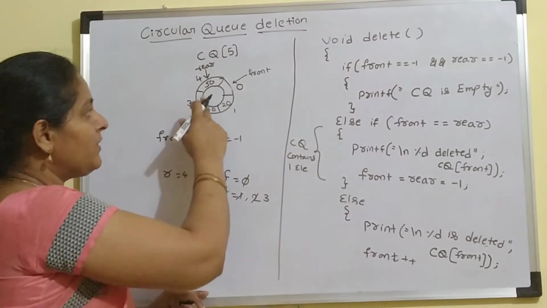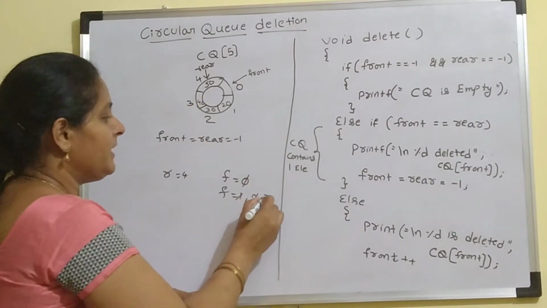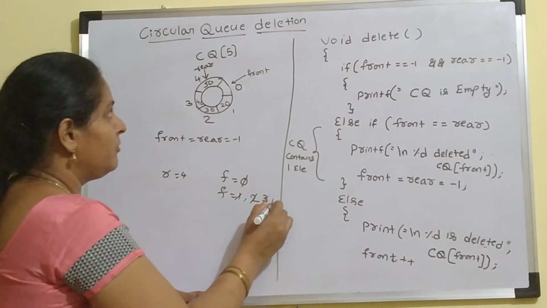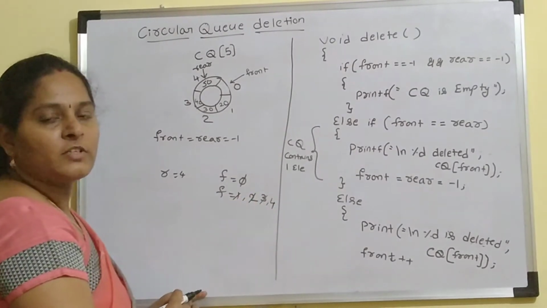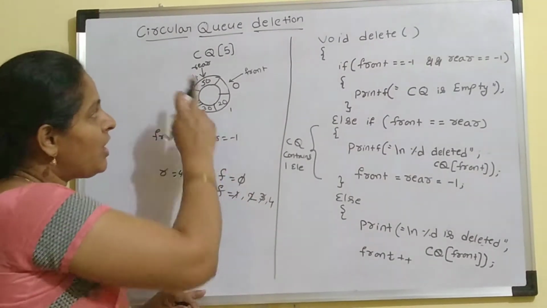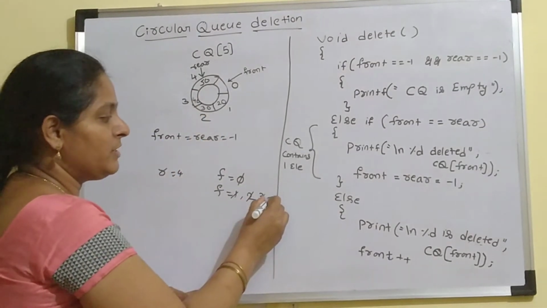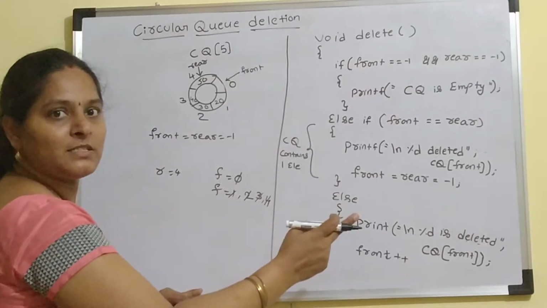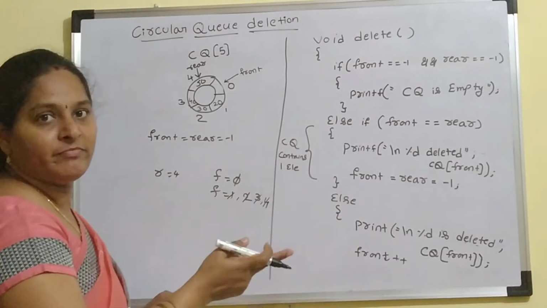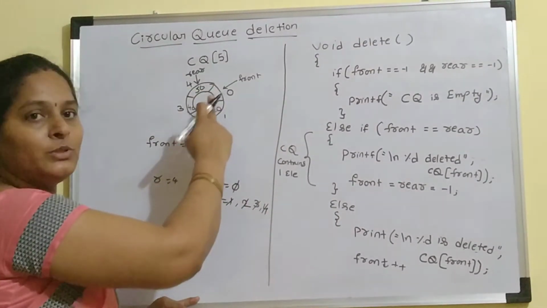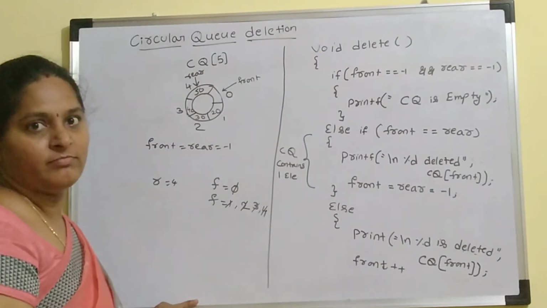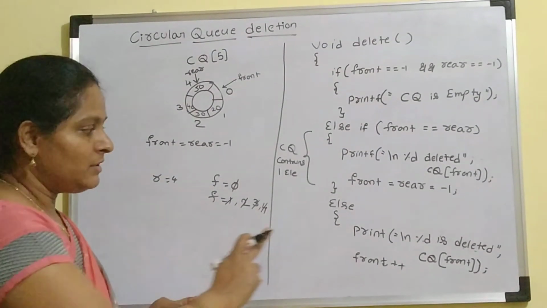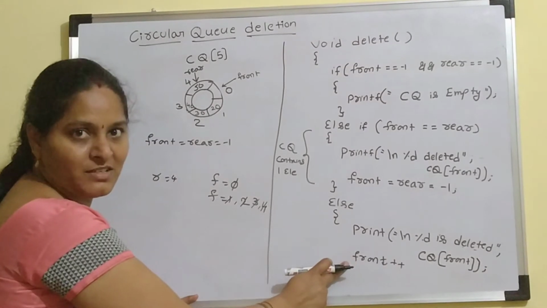After deletion of 40, front becomes 4. Now after deletion of 50, according to this statement front++, front becomes 5. But in our circular queue, there is no index 5, right? So this statement will fail here.